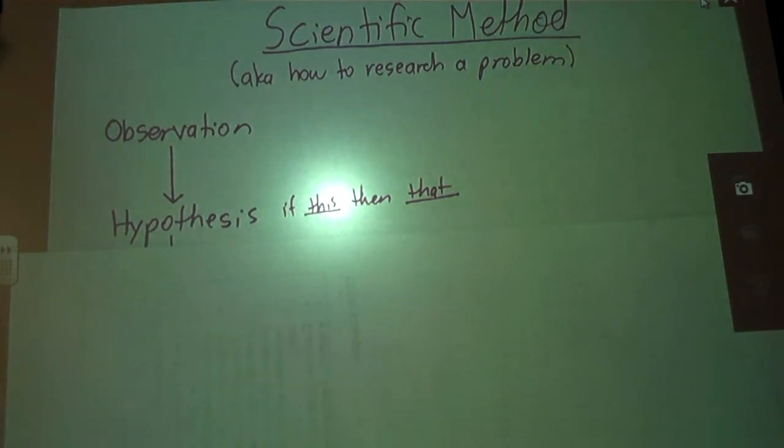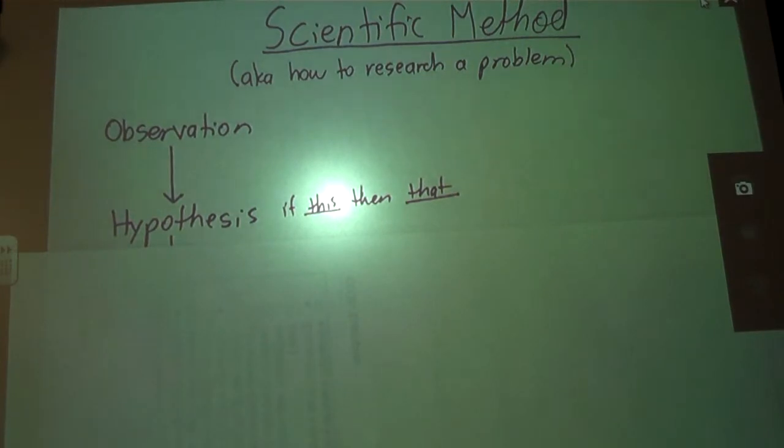But it is a good place to start when you are just beginning to formulate hypotheses. The goal of a hypothesis is not to be correct, actually, contrary to popular opinion. A good scientist always tries to prove themselves wrong. So if you get all the way through your scientific method process and you realize that your hypothesis was completely and totally bogus, that's fine.